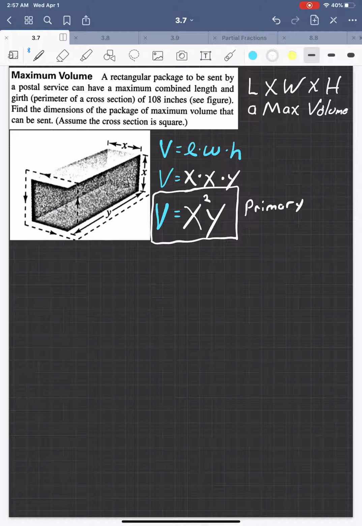So now comes the part where we have to reach into our geometry bag and try to figure out this perimeter of a cross section, right? So the maximum combined length and girth. So how do we go through the maximum combined length and girth? Well, you would think about if you were going to run a tape measure, you would measure obviously y.